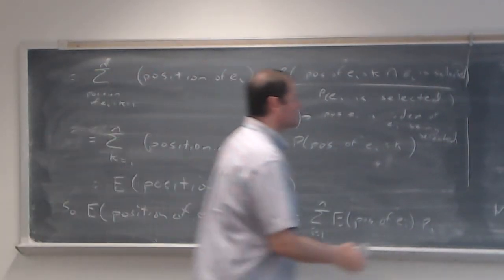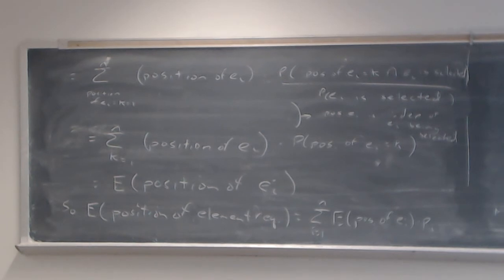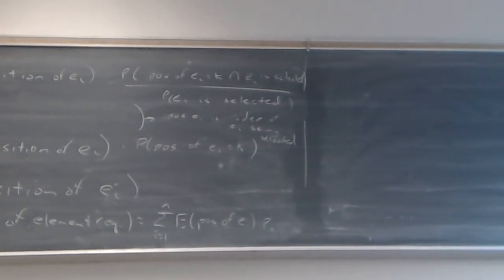We might do a construction here of the indicator random variable. So I need to get a handle on that expected value of the position of E_I in some way.